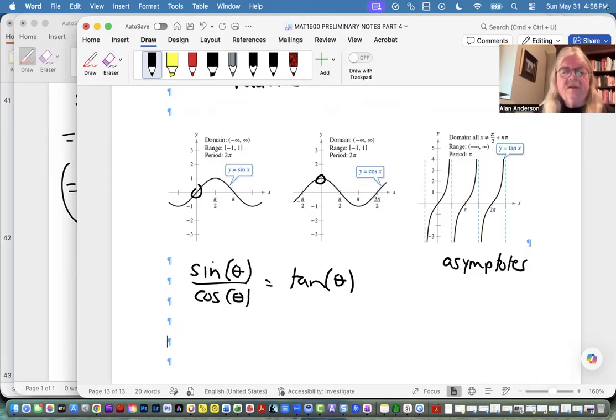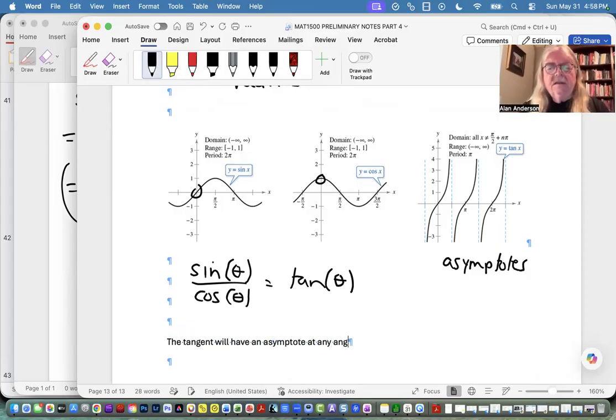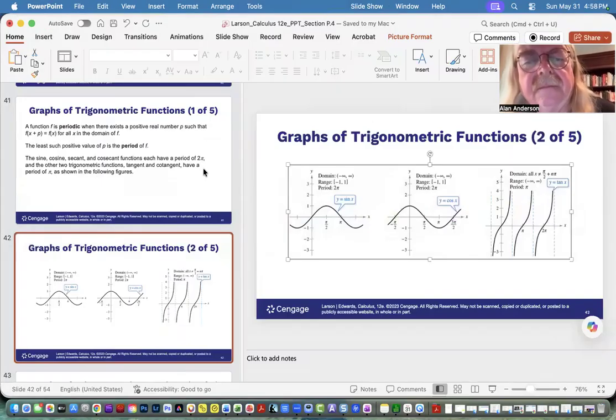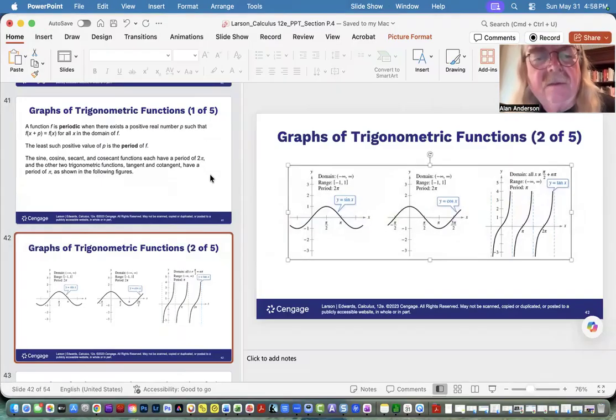So therefore, the tangent will have an asymptote at any angle whose cosine equals 0. And that's why it looks like that. Okay. All right, then. What else do we have?